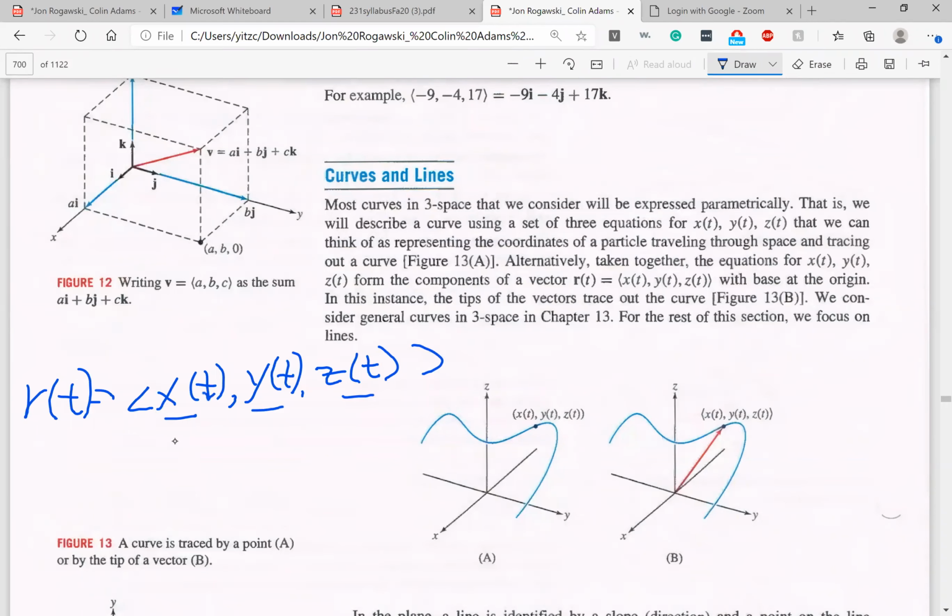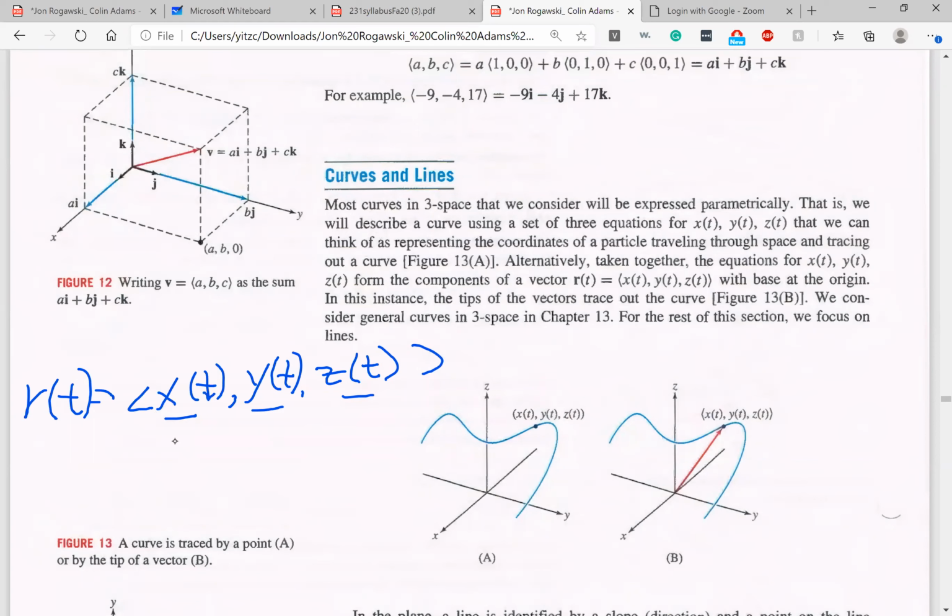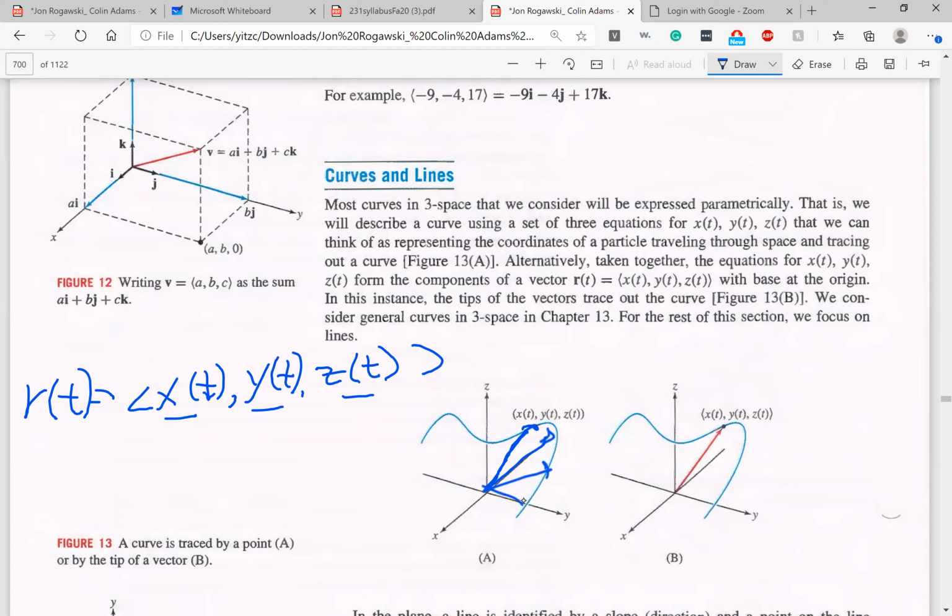So you can think when T is, let's say, 0, that you have this vector going from here to the curve. But then as T, let's say, increases with time, this vector might be moving because you have a different vector, and it kind of traces out a curve. And if T is negative, you're going in the opposite direction.